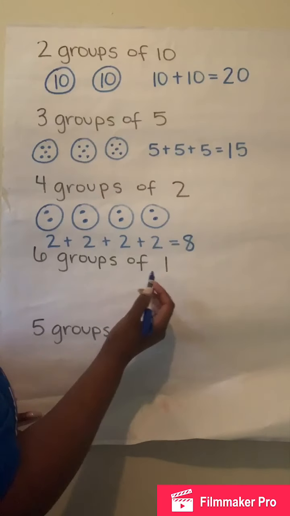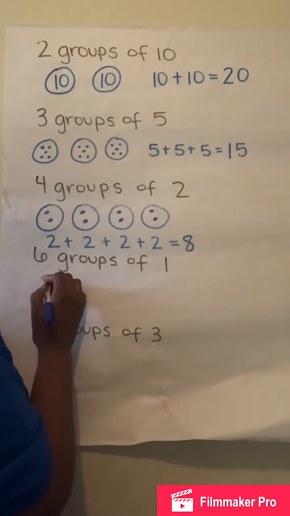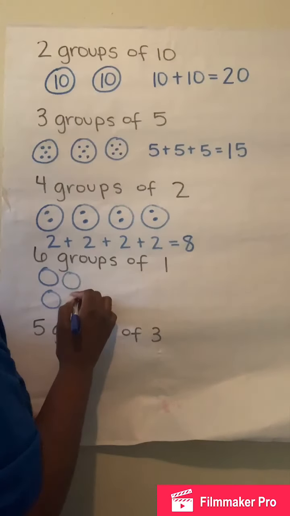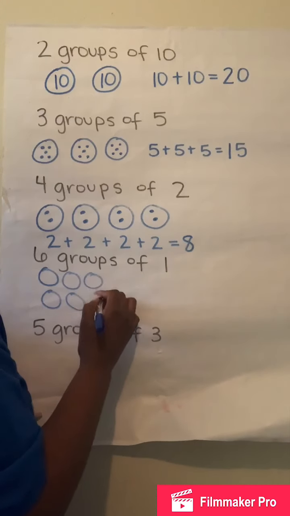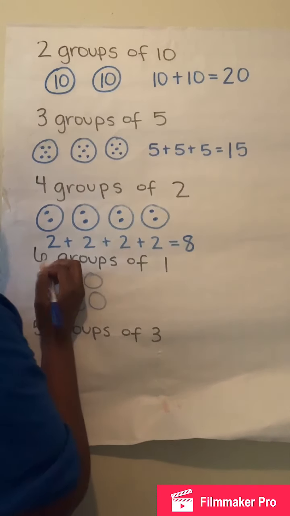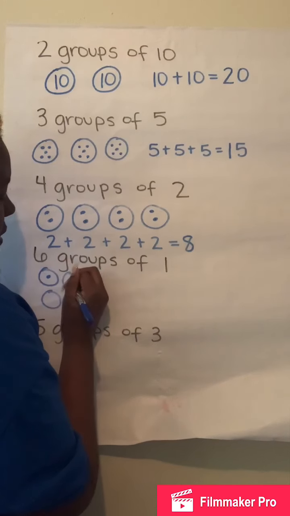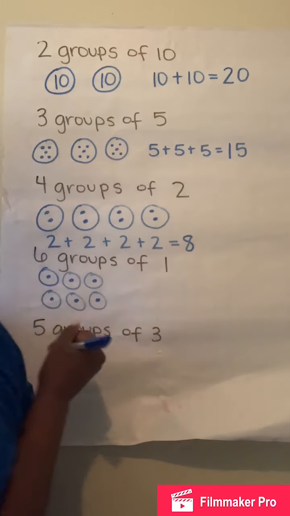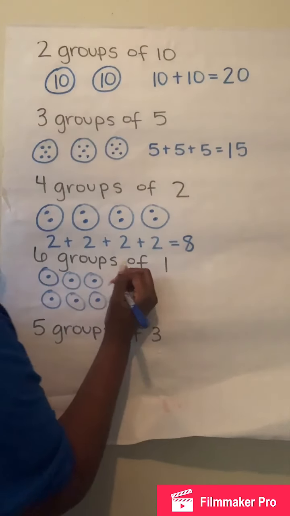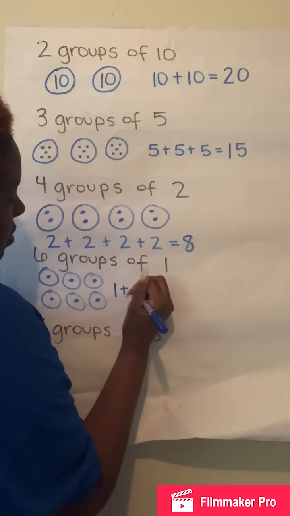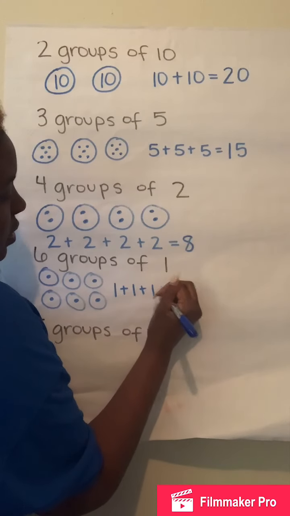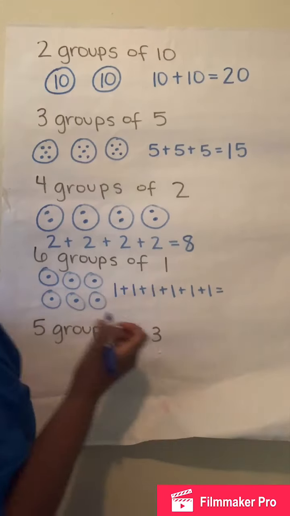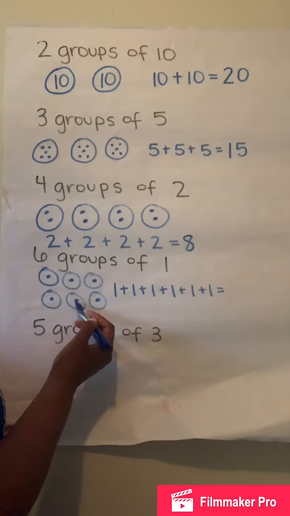Next, I have 6 groups of 1. So I'm going to draw my 6 groups. I'm going to draw 1 in each one. I'm going to write my equation. 1 plus 1 plus 1 plus 1 plus 1 plus 1 equals 1, 2, 3, 4, 5, 6.